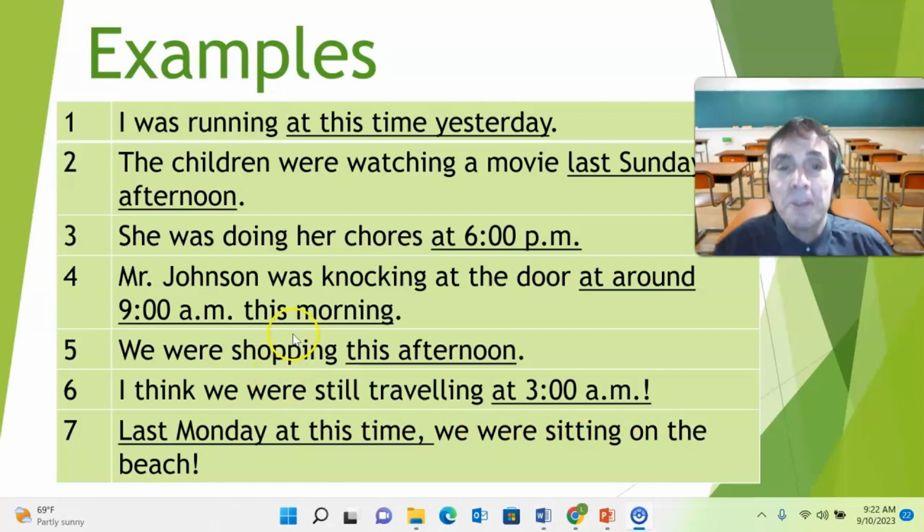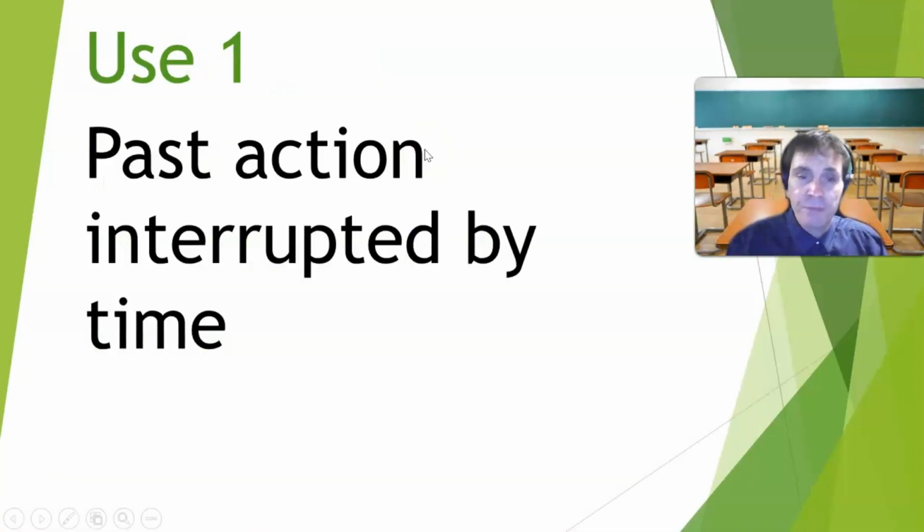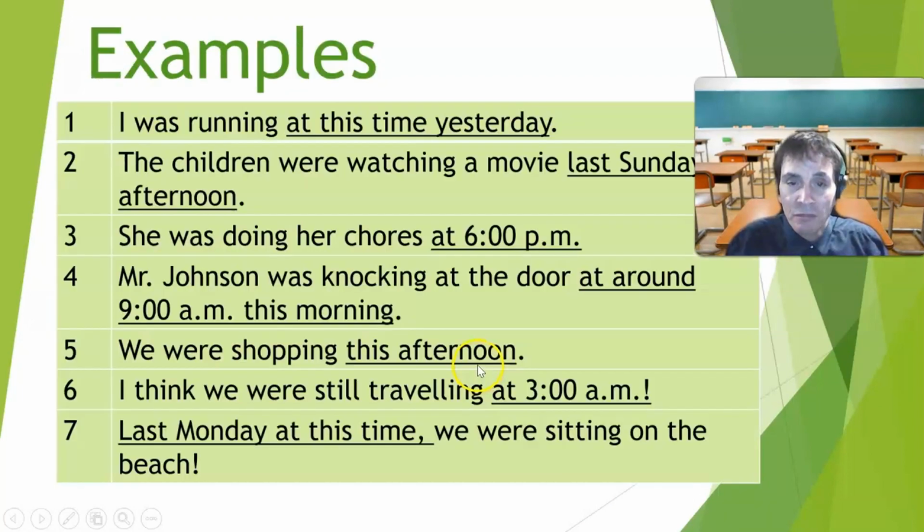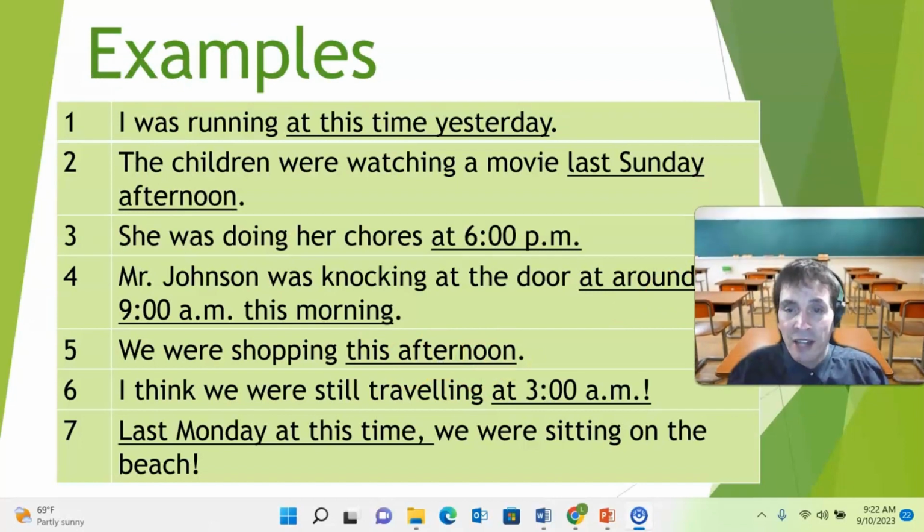Okay, so what this means when we say a past action interrupted by time is that at this time, we were doing this action. So let's say, for example, it's 12 noon on a Monday.